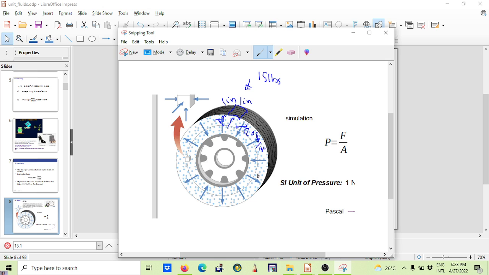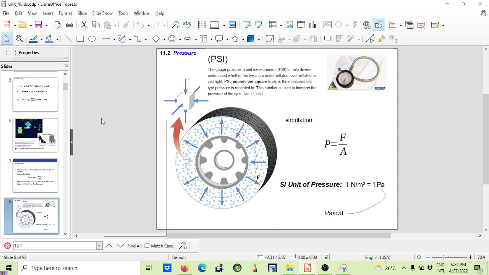Just an example. I'm not sure how much you're going to have, but you can find the pressure of your tire. When you are using a gauge, you're going to find how much more pressure you have inside your tire relative to the pressure of the air outside, right? It's called a gauge. So, see, PSI is for pounds per square inch. That computes how much more pressure you have inside compared to the outside.